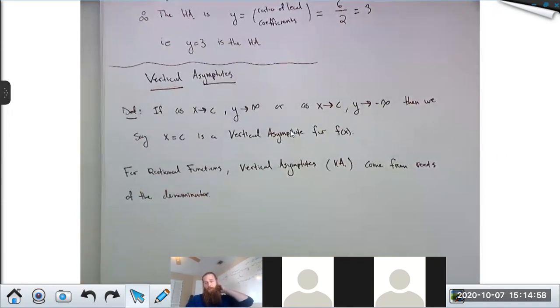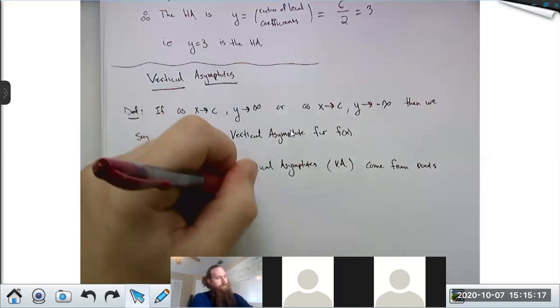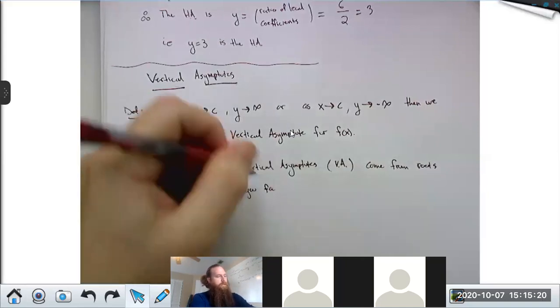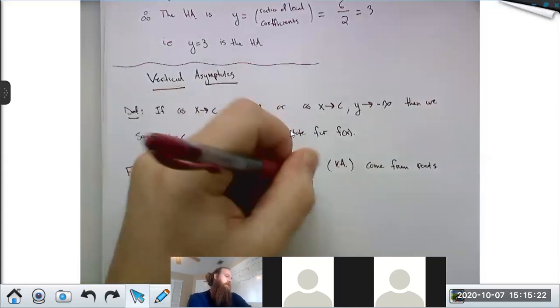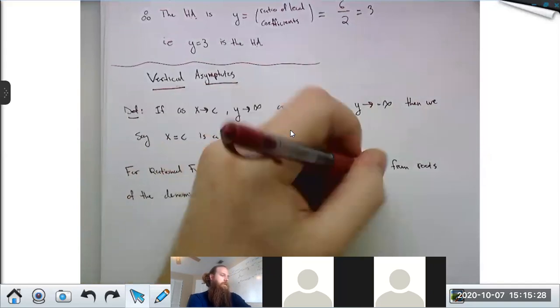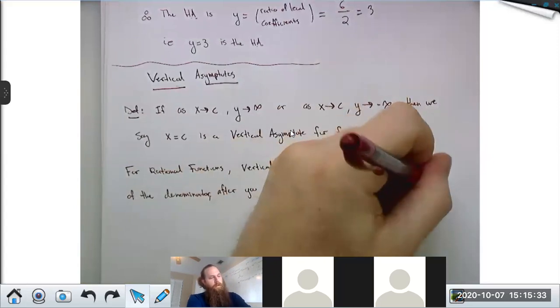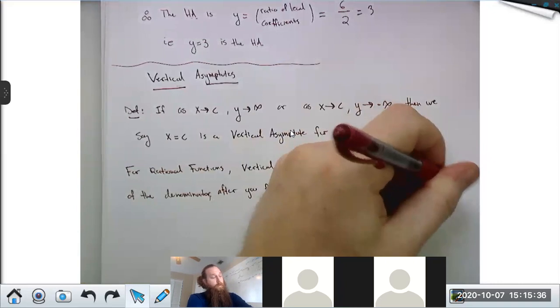Now you do need to watch out. If there's a factor that cancels top to bottom so that there is no factor left downstairs, then that won't produce a root, that will produce a hole. So these come from roots of the denominator after you have factored the top and bottom and canceled anything that can be canceled.